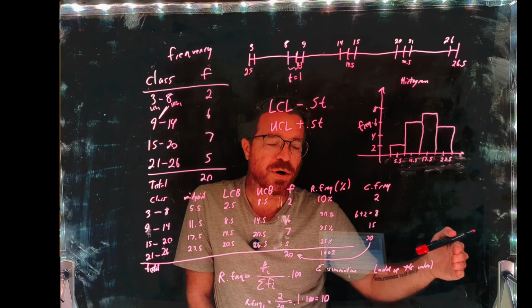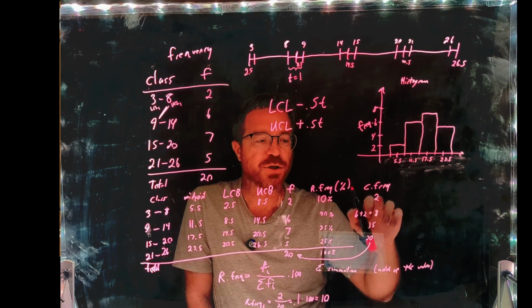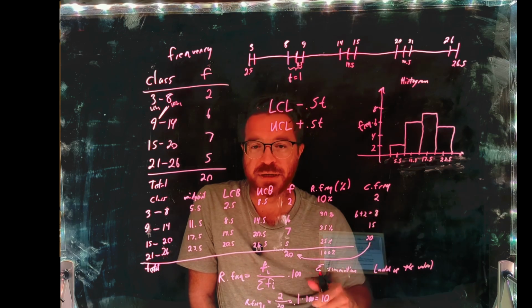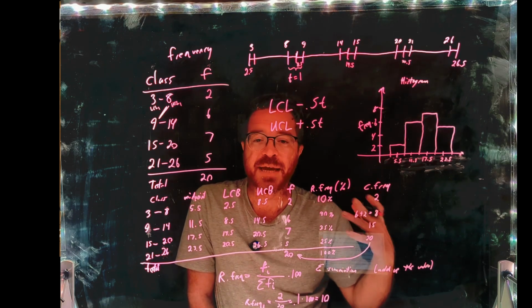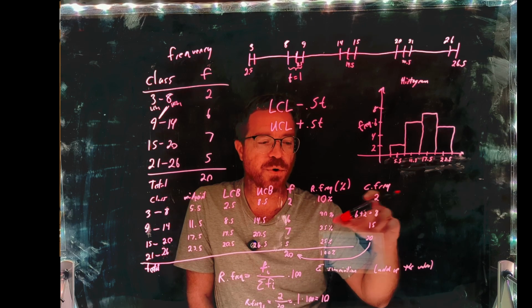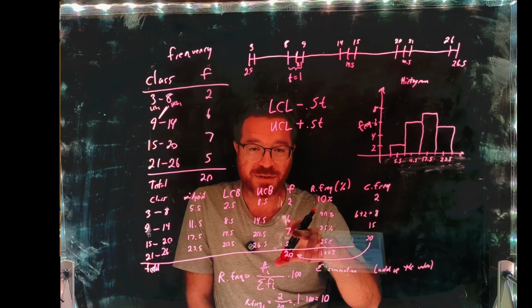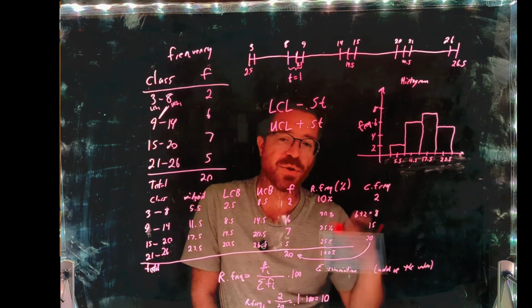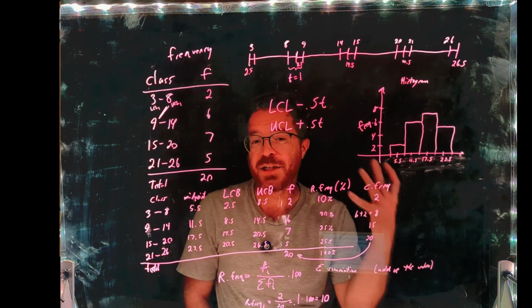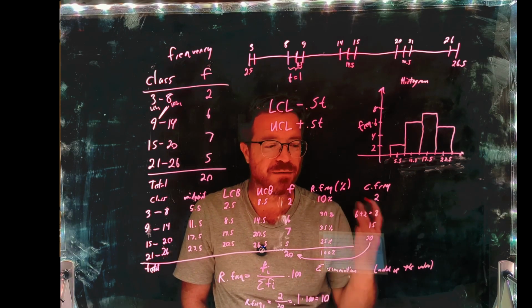By the second quarter, they had earned $8 million because they earned $2 million in the first quarter, $6 million in the second quarter, for a total of $8 million. The third quarter, up to that point, they made $15 million. So 2 in the first quarter, 6 in the second quarter, 7 in the third quarter, adding up to a total of $15 million earned by the third quarter. So this is what the cumulative frequency represents.